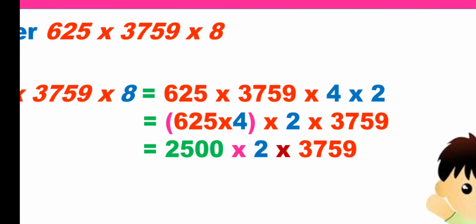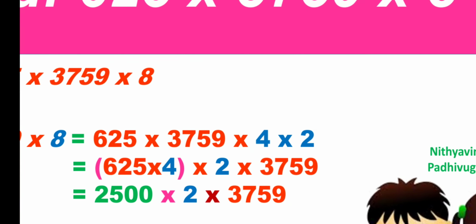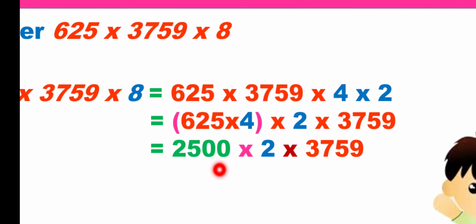So 0 here, then 2 is carried over, and then 4 into 2, 8. Already 2 is carried over, right? So 8 plus 2 is equal to 10. For 10, 0 is done here. 1 is carried over, and then 4 into 6 is equal to 24. That number 1 carried over will be added to 24. So 25.